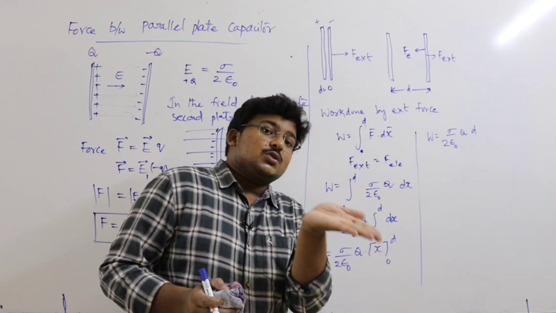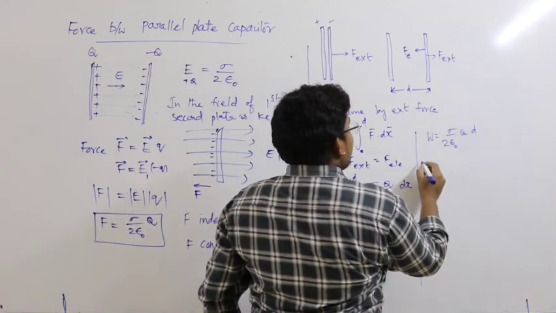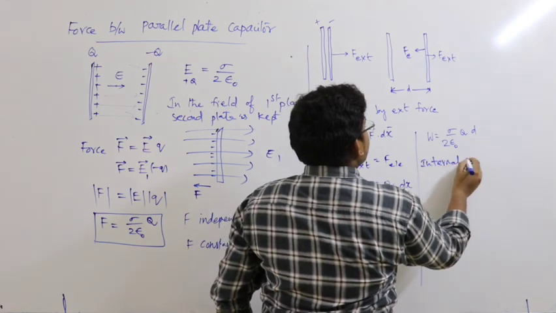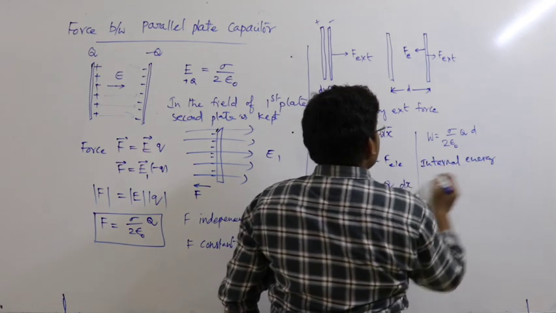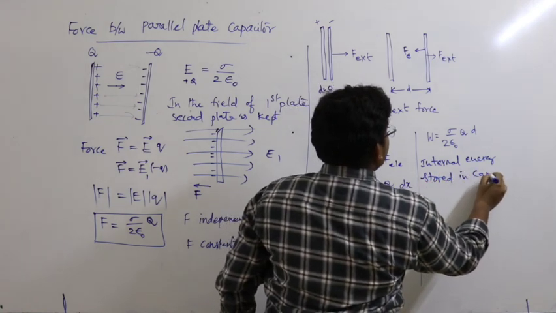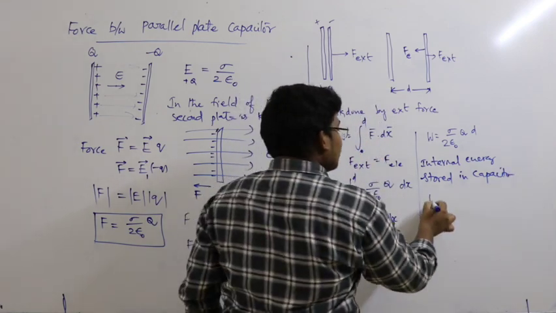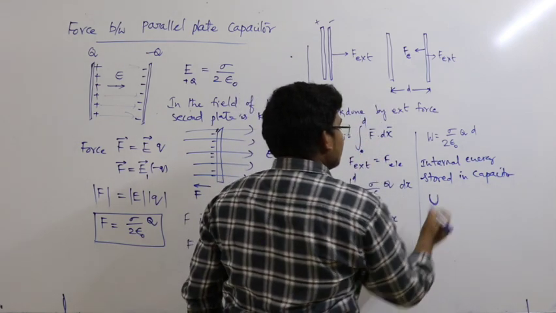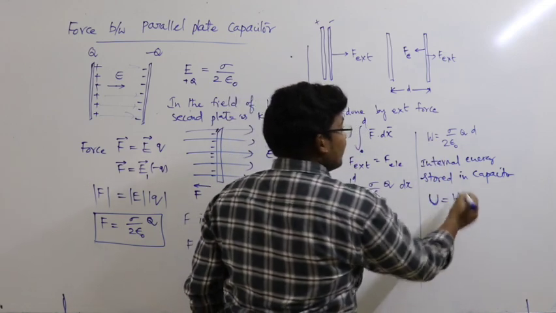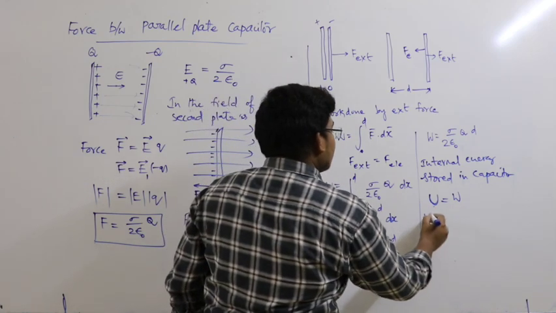That energy will be stored in the capacitor as internal energy, you can say simply. The internal energy stored in the capacitor, which we can call U, is equal to the total work done by the external force. So U is equal to W.